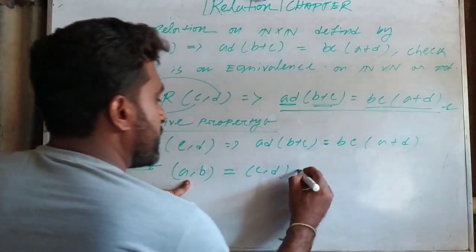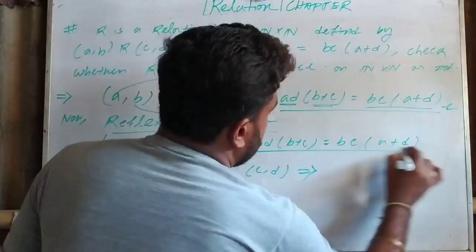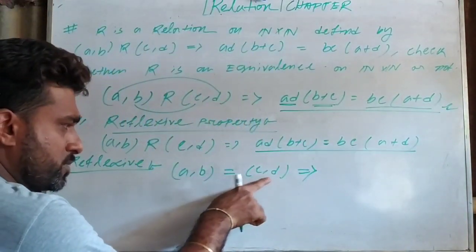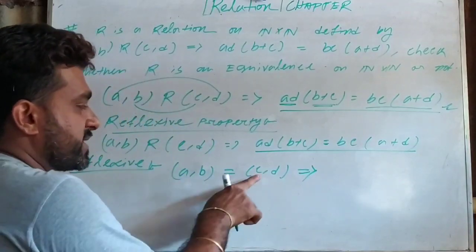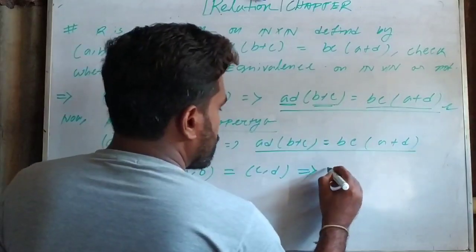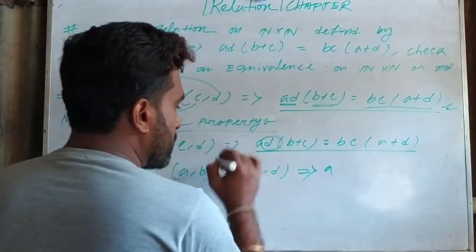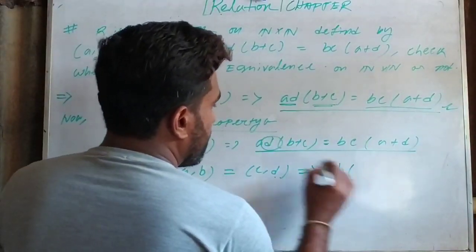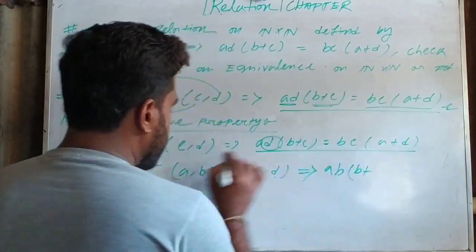So wherever you get C and D, just replace C and D by A and B. So in A, D, in place of D, put B. And then B plus C means what?